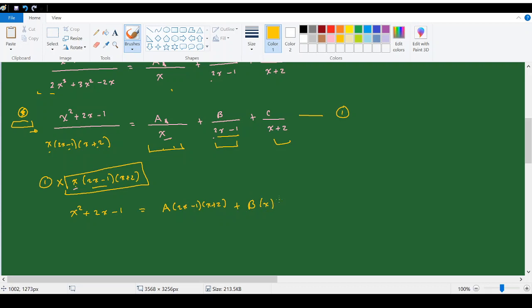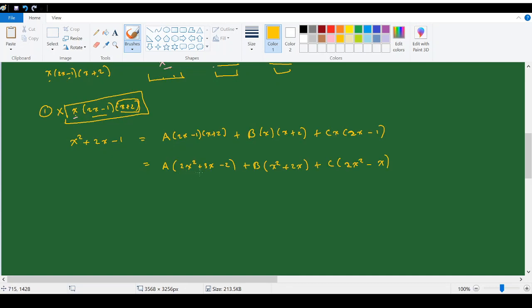For the third term, we have x plus 2 in the denominator, so it will be cancelled out, and what remains is x times 2x minus 1. Then we just have to simplify these brackets, and then you will obtain this.